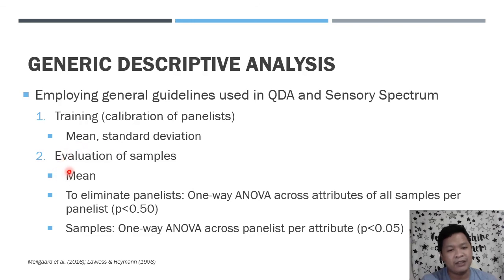And in the evaluation of samples, you use analysis of variance. One for attributes across all samples and another for the panelists. So, para makita mo dito yung difference between samples and difference between panelist responses.